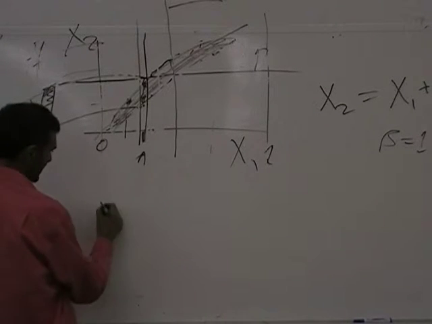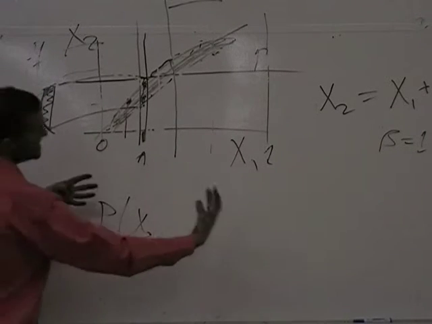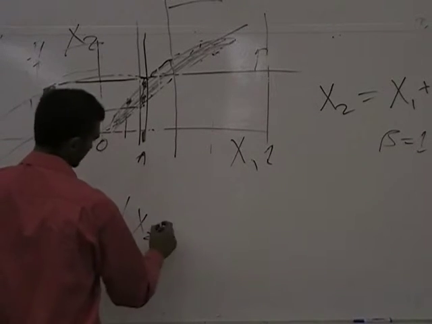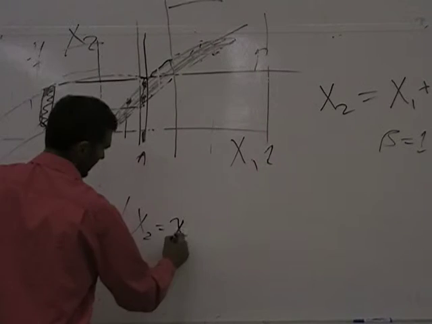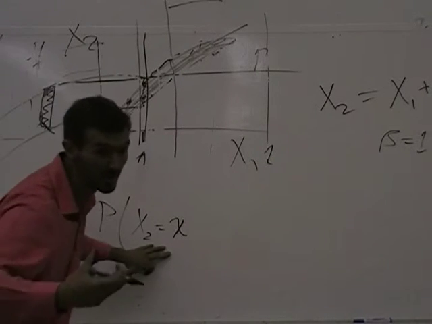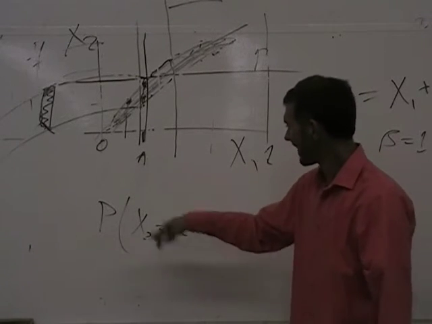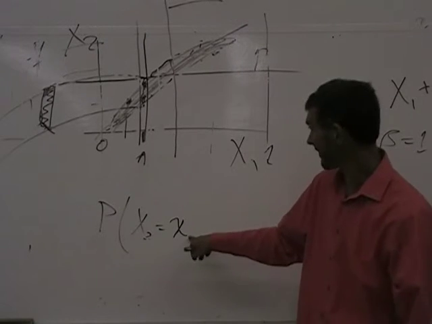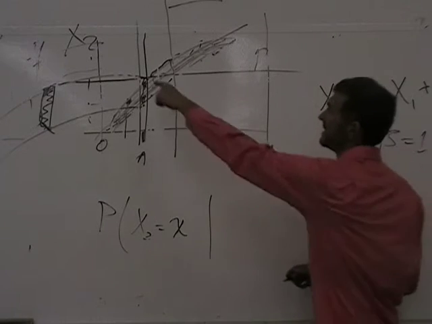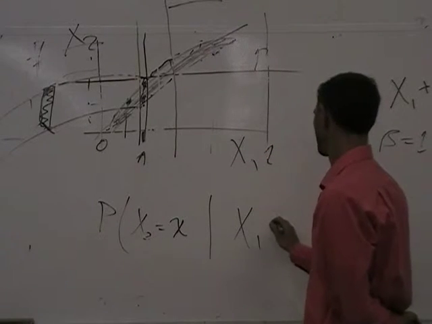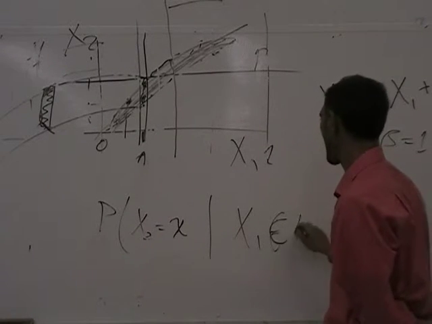Okay, let's consider the probability of x2 equaling something, we don't know what it is, we want the distribution. So, the distribution of x2 across different possibilities, given x1 is in slice A, right?